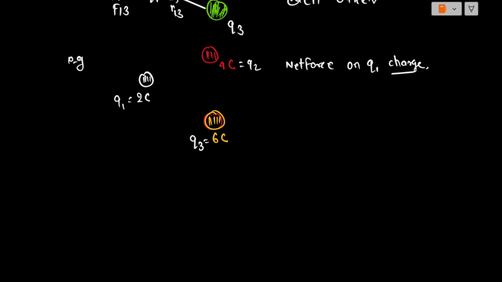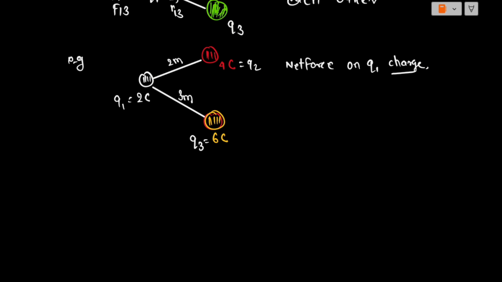Let's say the distances are also given. The distance between the 2 coulomb and 4 coulomb charges is, let's say, 2 meter. For simplicity, we use meter as the SI unit and coulomb as the SI unit for charge, and the distance between the other two is, let's say, 3 meter, right?